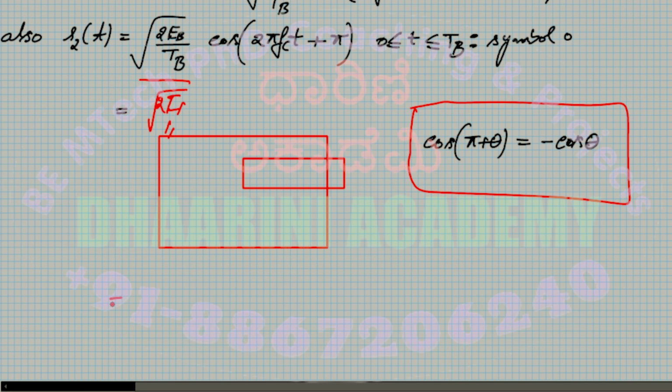So this is equal to root of 2 times EB divided by TB.